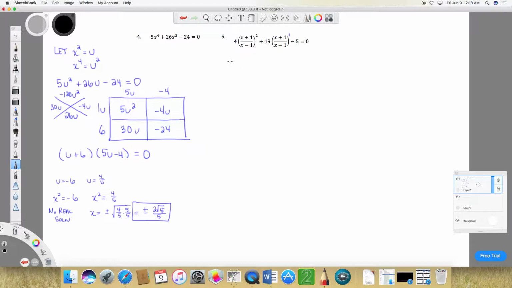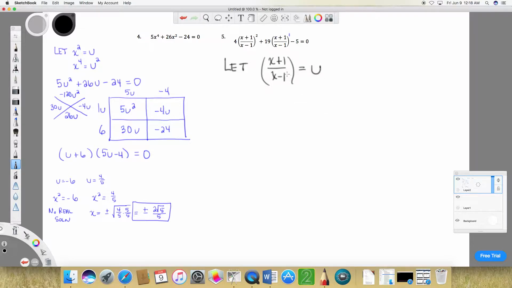So here, my u substitution is a little more complicated because I'm going to let this middle term, this ratio, x plus 1 over x minus 1, something that looks pretty complicated, I'm going to replace that with u.